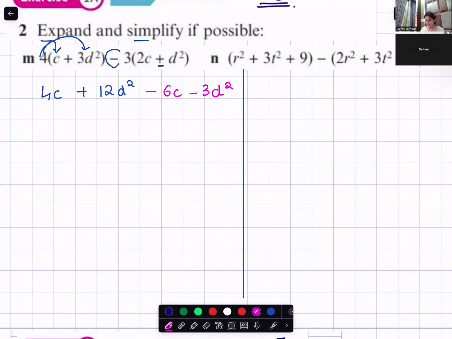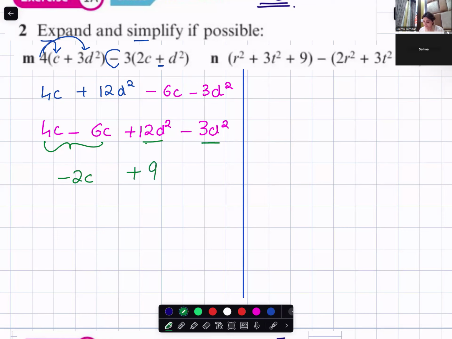So this will be 4c minus 6c plus 12d squared minus 3d squared. So it's minus 2c, and over here, 12 minus 3, 9d squared. So I will put the plus one ahead. So it's 9d squared minus 2c.